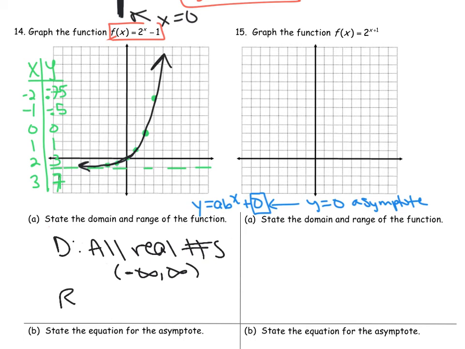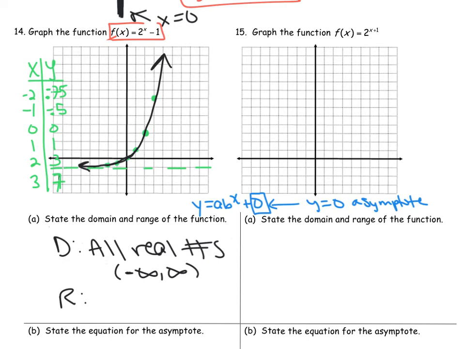Your range, now be careful, it's not y greater than 0 like it has been. That's wrong. Because I want you guys to look. What is the value that this graph tends towards? Like, what does this graph get really close to but can't reach? And we said this actually before we even began plotting any of this.